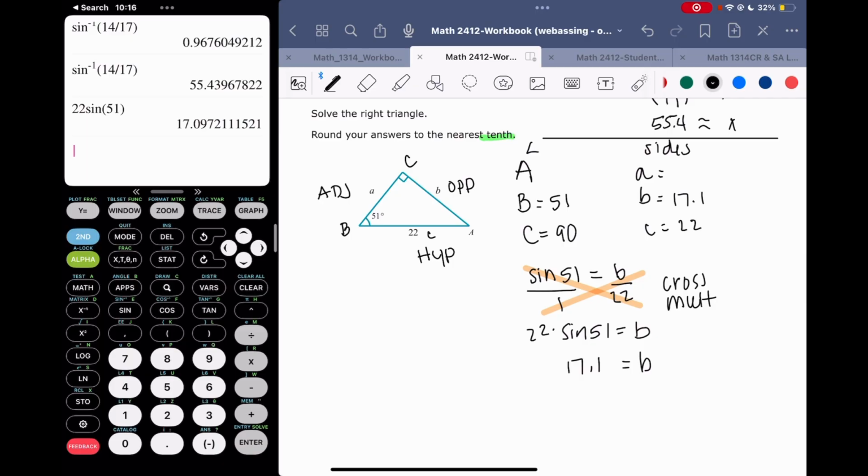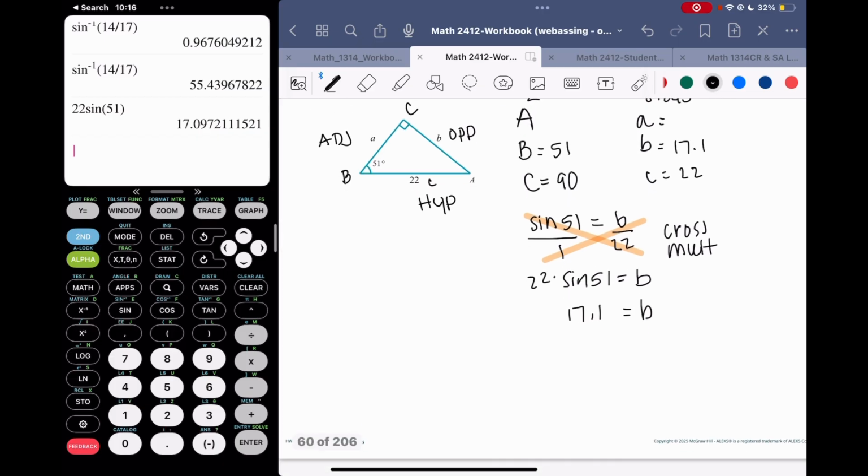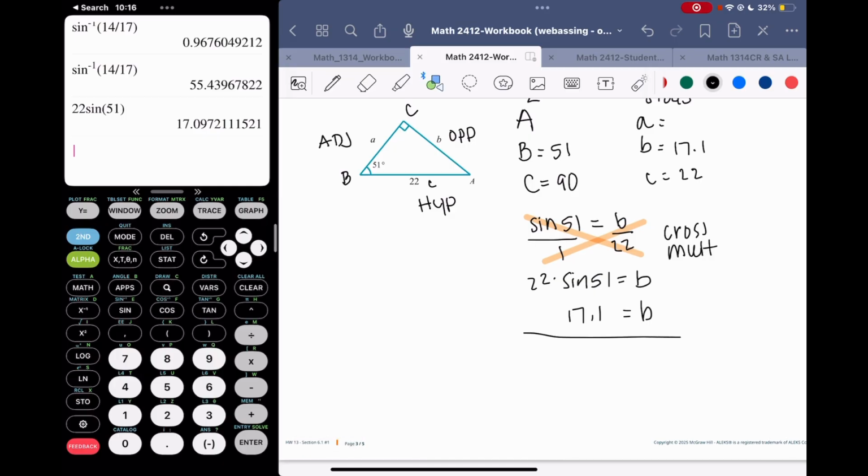We also need to find small a. So we can take the cosine. Let's take the cosine of 51 again, and that would be equal to small a over 22.